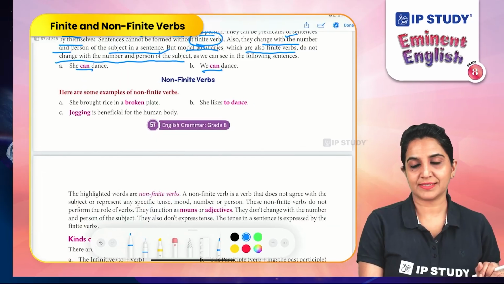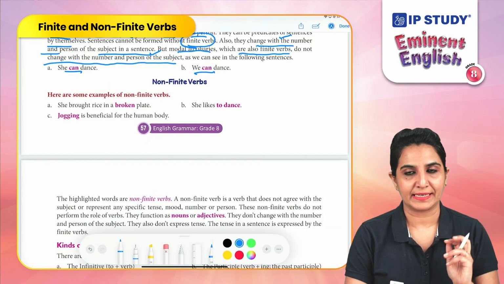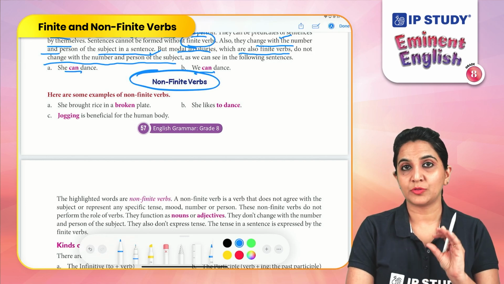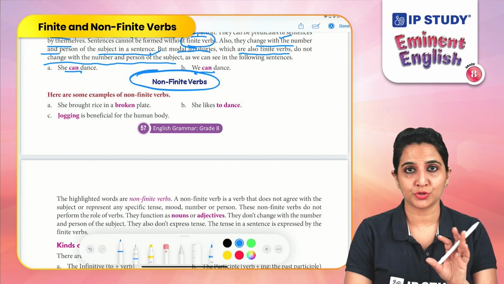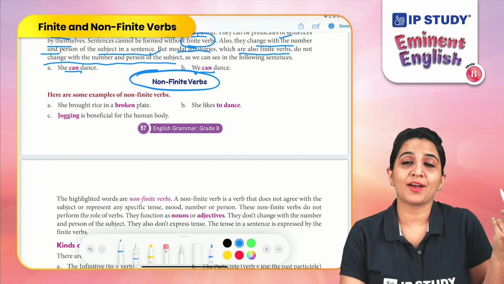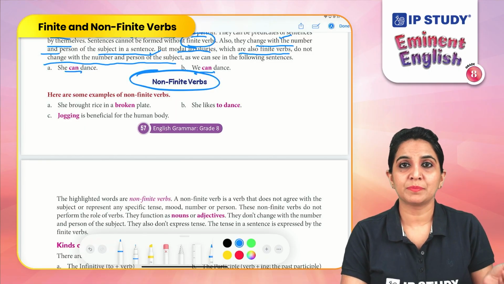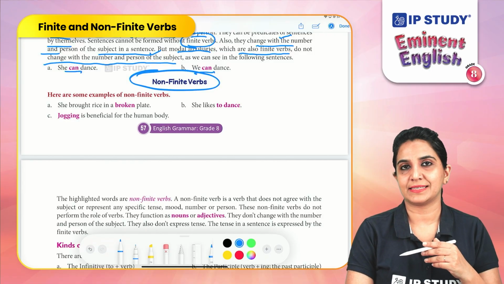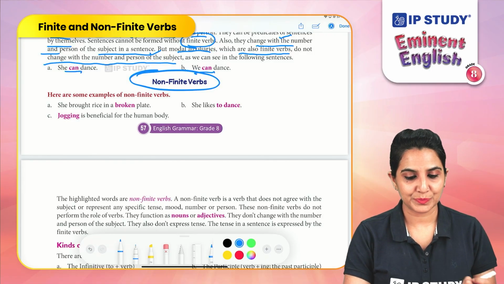Now let's understand non-finite verbs in detail. What are non-finite verbs? Non-finite verbs are those verbs which do not show the tense. Often, these verbs become adjectives or nouns in the sentences. Let's look at some examples.